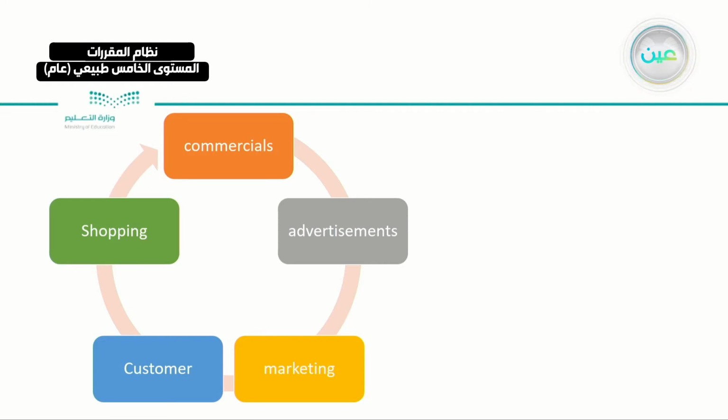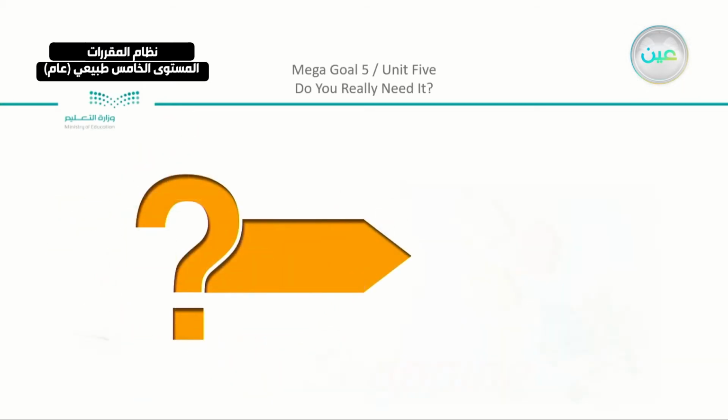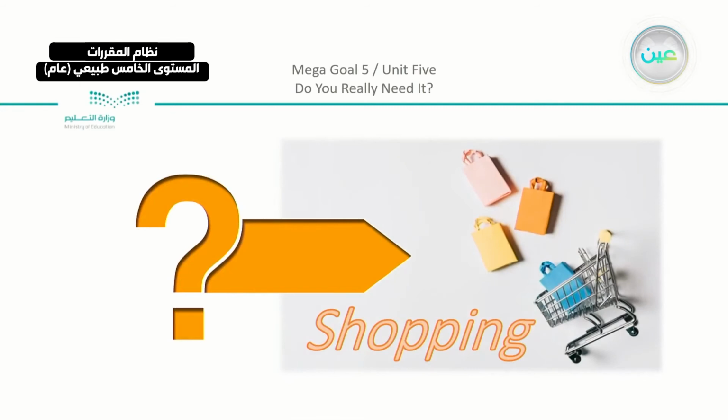The people who buy the things are called customers. And here, the word customer is usually related to the word shopping. So the word shopping is something that we are going to focus on here. I'm going to ask you some questions that concern your shopping personally.